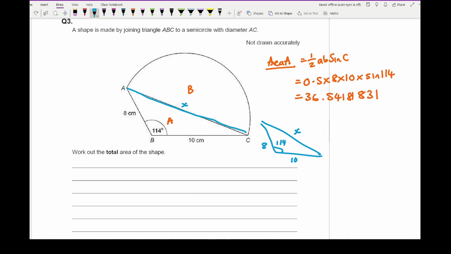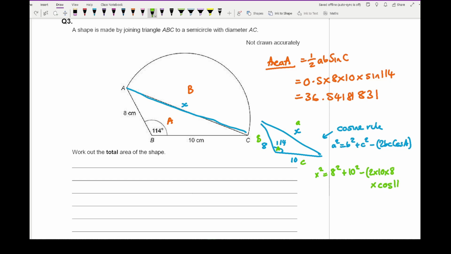Now to find x, I need to use the cosine rule. The cosine rule, which again is another formula that's going to be given to you, is this formula here, in which labeling the triangle, this is capital A, this is going to be B, and that's going to be C. So substituting numbers in, I get x squared equals 8 squared plus 10 squared minus 2 times 10 times 8 times cos of 114.